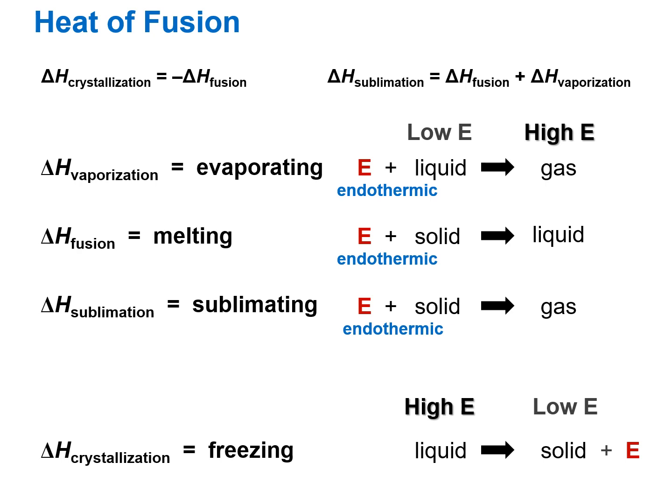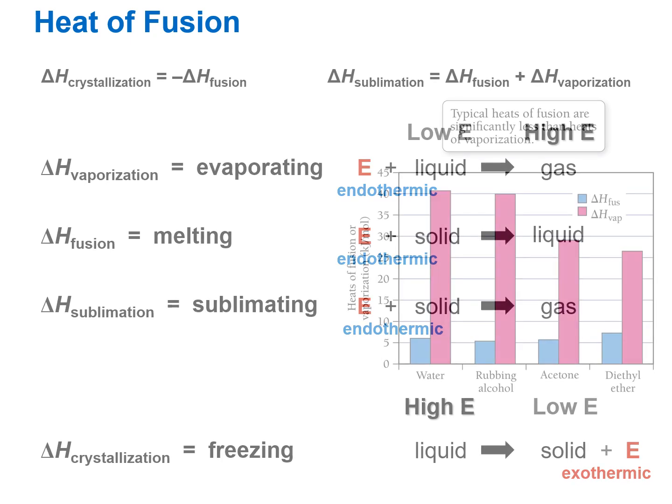It actually ends up becoming part of the products. And if it's part of the products, we could think of it becomes exothermic. And I didn't include it on here, but deposition would also be the same thing. Deposition is when we go from the gas state to the solid state, kind of the opposite of sublimation. It's also exothermic.